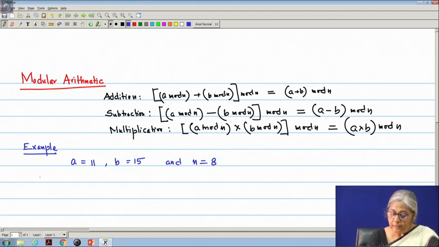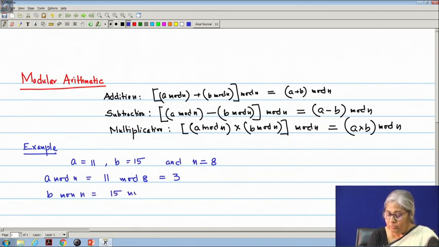First, a modulo n is 11 modulo 8, which is 3. Similarly, b modulo n is 15 modulo 8, and this is equal to 7.